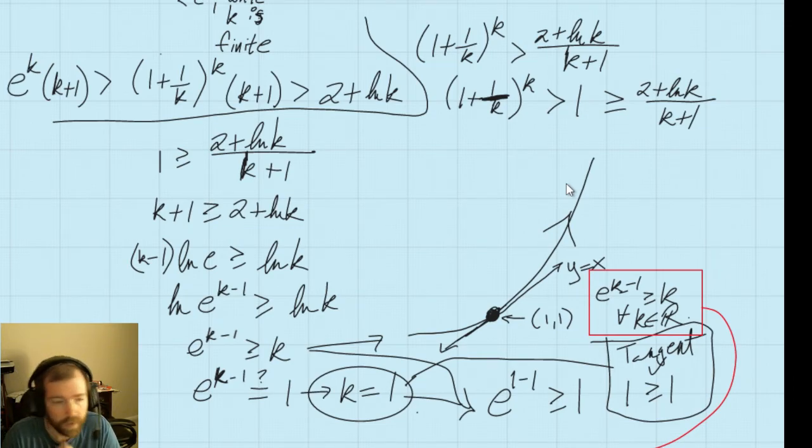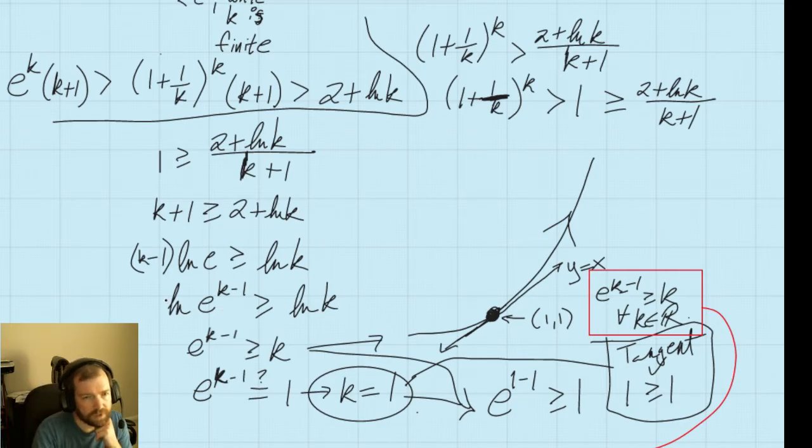Then we can show that 2 plus natural log of k over k plus 1 is less than or equal to 1 by moving stuff around, first of all.